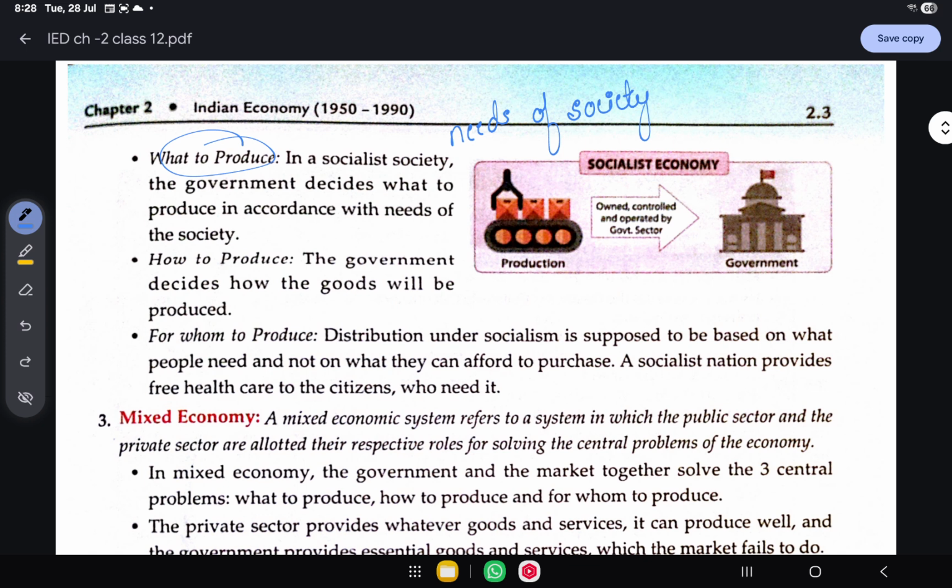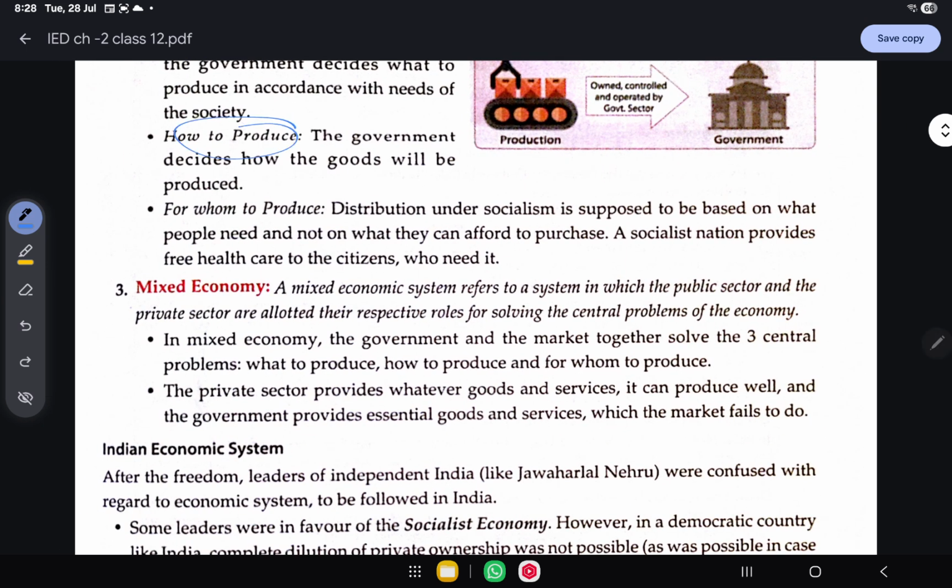For example, if there is a shortage of food, the government may order more wheat or rice to be grown instead of luxury cars. Okay, and next is how to produce. Now the government will choose the production method which benefits the whole society.